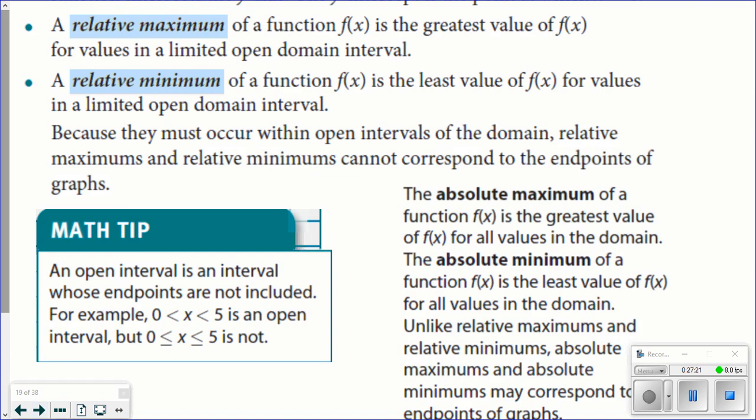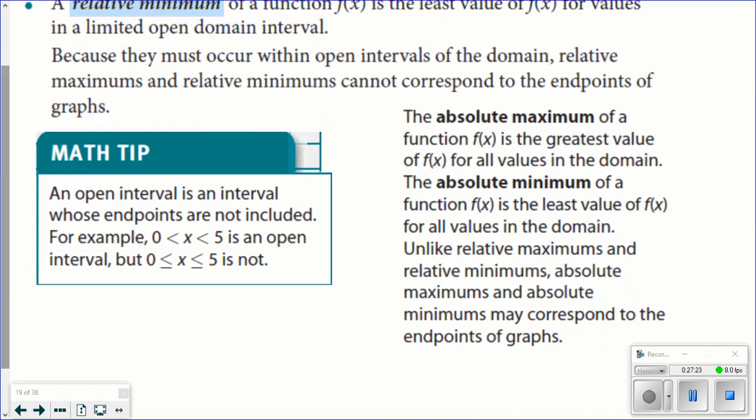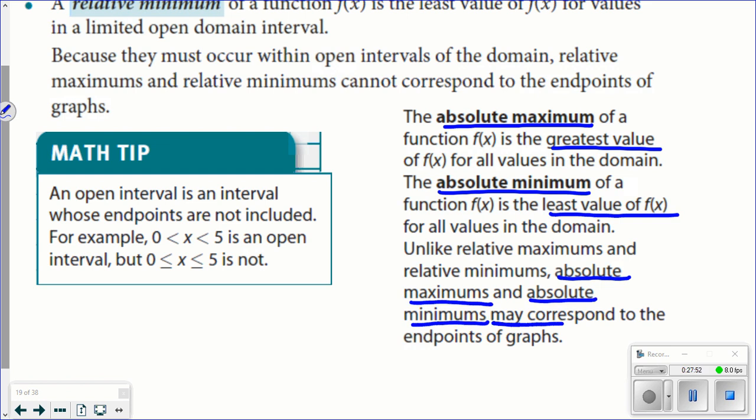Now, think about the word absolute. The absolute maximum of a function is the greatest value no matter what. The absolute minimum is the lowest y value no matter what. Unlike relative maximums and relative minimums, absolute max and absolute min may correspond to the endpoints.